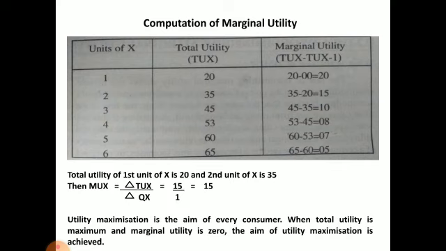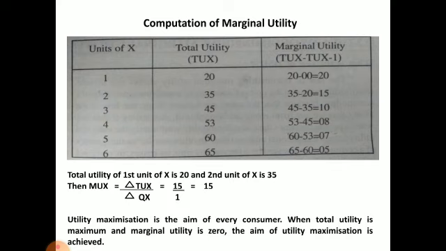Likewise, you go on calculating the marginal utility. For the third, you see 45 minus 35, that is 10. Then 53 minus 45, 8, and so on. So if you just see, total utility of the first unit of x is 20 and the second unit of x is 35.